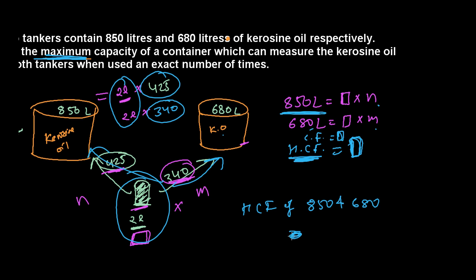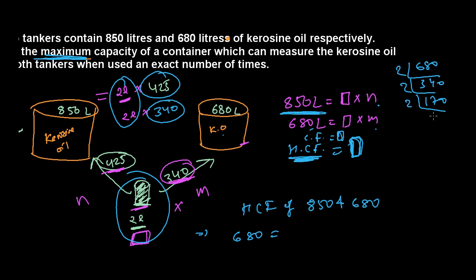To find the HCF of 680 and 850, let me first write the prime factorization of 680. For 680: 2 times 340, then 2 times 170, then 2 times 85, then 5 times 17. So it is 2 times 2 times 2 times 5 times 17.